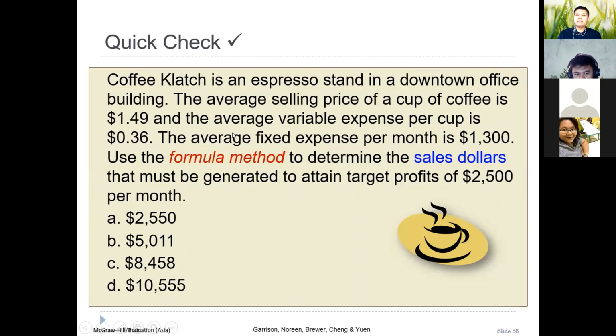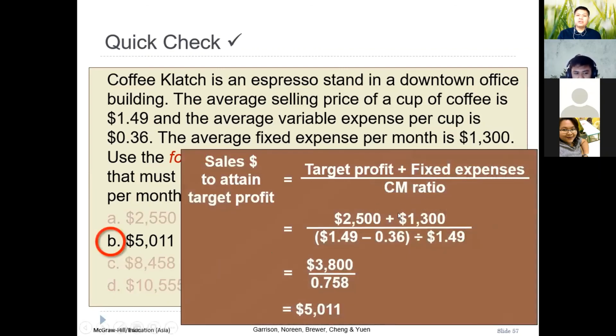Ano ba yung CMR natin kanina? What's 1.13 divided by 1.49? Yan ba yung 76% kanina? Yes po. Okay. So, ito yun. 2.5 plus 1.3 divided by, ito, yung 76%. 0.758. So, you will get $5,011.